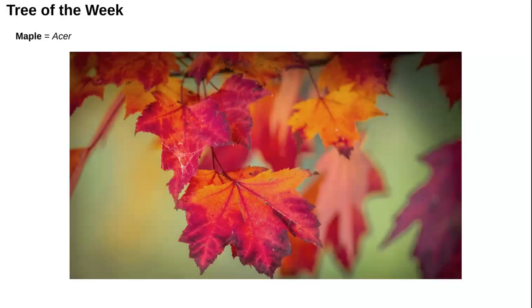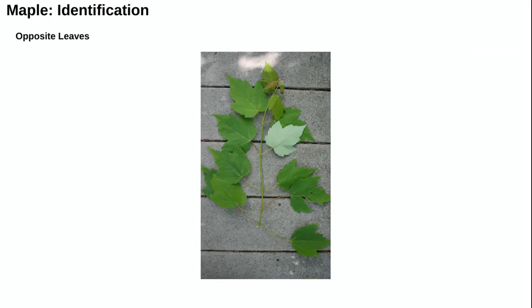But a couple of things we're going to cover. First is how to identify a maple, right? There are many species of maples, including the sugar maple, which gives us maple syrup, but also Norway maple, which is a really common street tree, especially in the East, because Norway maples were often planted as a replacement for American elms that died as a result of a non-native invasive disease called Dutch elm disease.